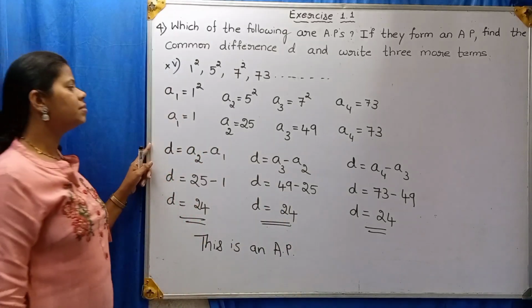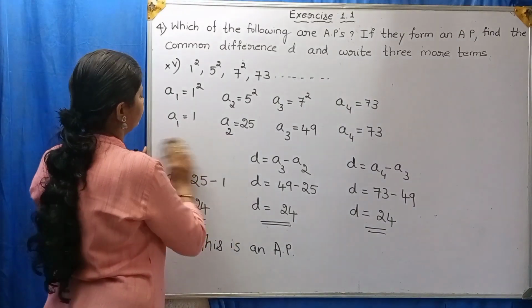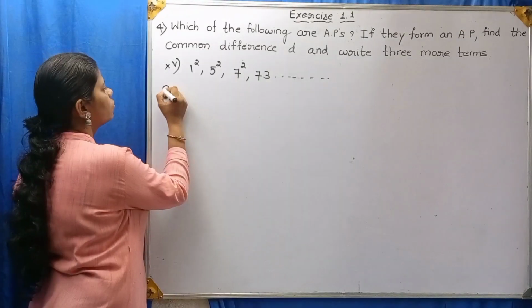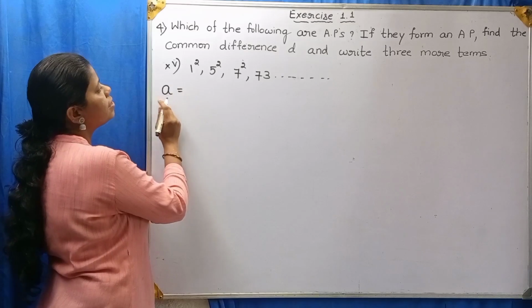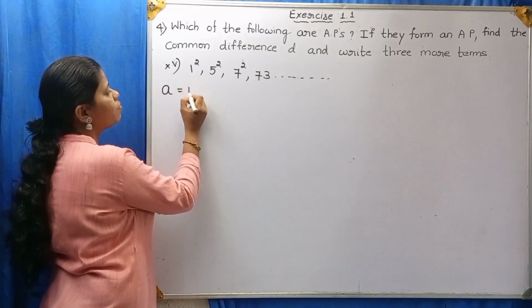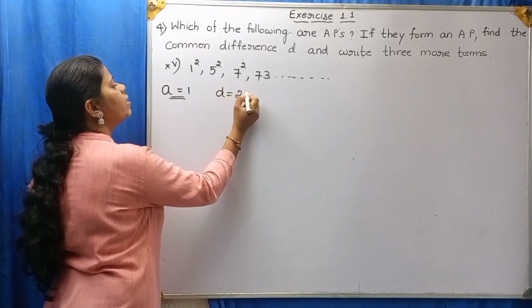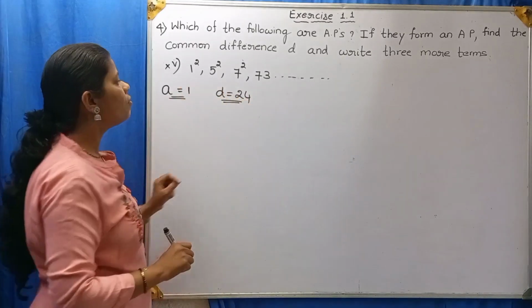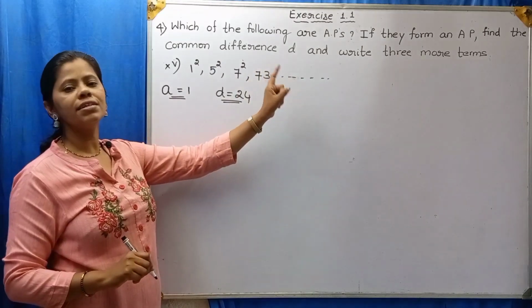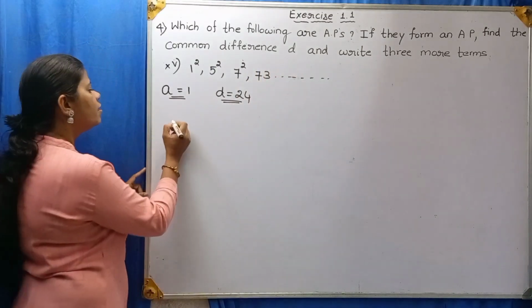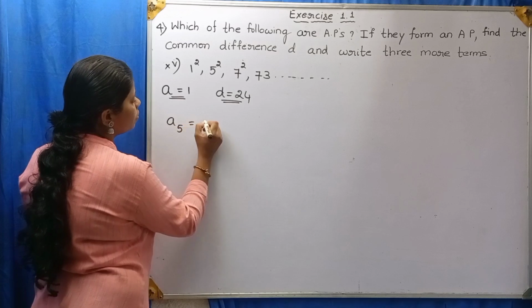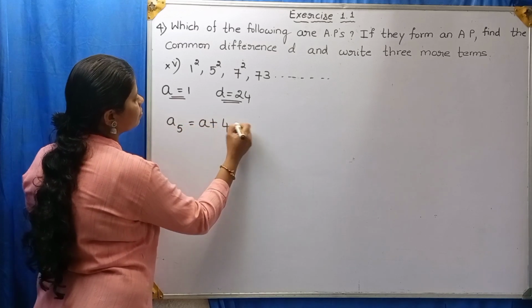Now let me rub this. We know that A is 1. 1 square is nothing but 1. That is A is 1, right? D is equal to 24. Now let us find A5, A6 and A7. A5 is equal to A plus 4D.